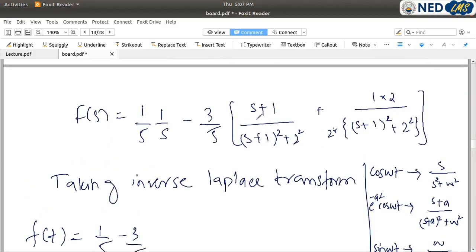This will become e minus t. The value of a is 1, e minus t cos 2t, and it will become e minus t sin 2t.